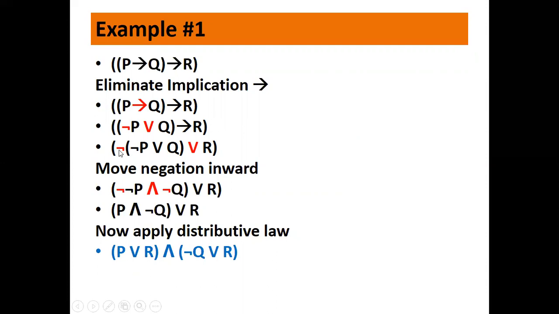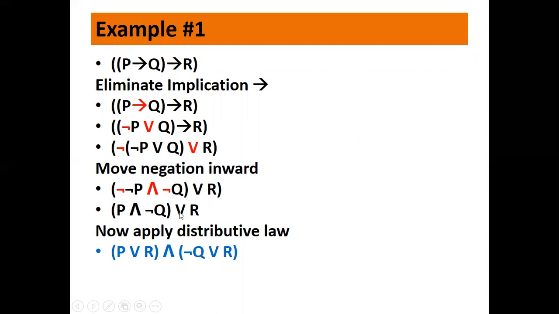What we need to do is move the negation inward. Whenever we move the negation inward, or becomes and. So double negation of P and negation of Q, or R remains the same. Now, double negation gets cancelled. So you only have P and negation of Q, or R, right?